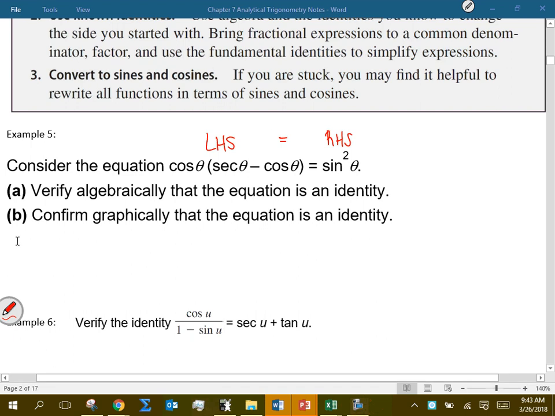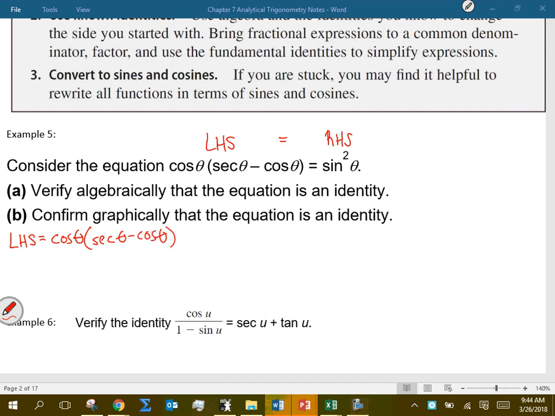Left-hand side. So usually the notation is that we take the left-hand side, which is equal to cosine theta times secant theta minus cosine theta. And now, ultimately, guys, I have now taken my equation and I'm concentrating on one side.